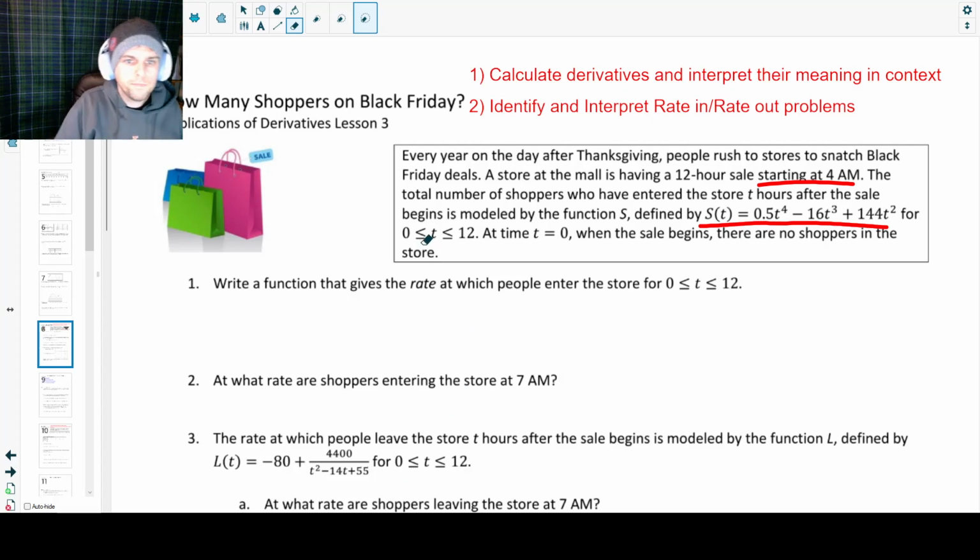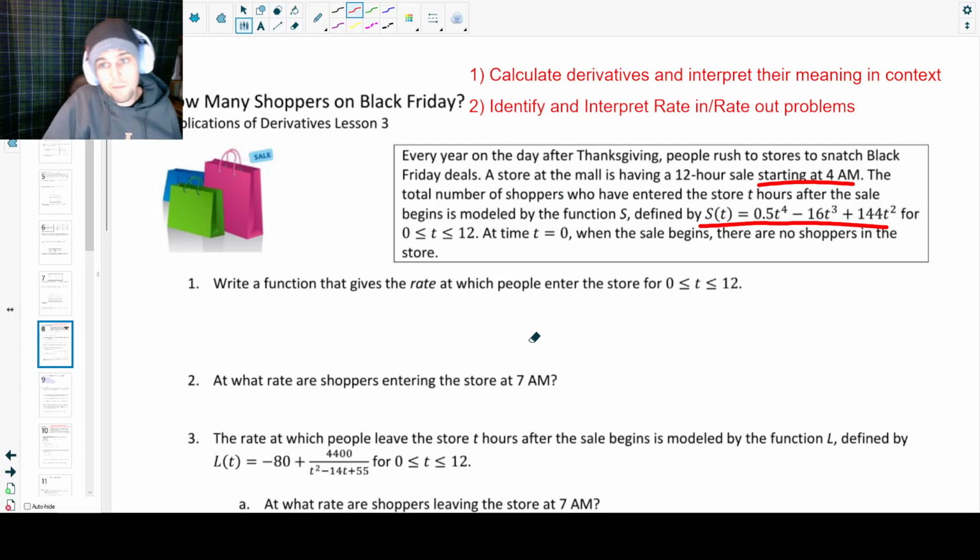All right, so our first scenario here, we have this written out description that we're going to take a look at. Every year on the day after Thanksgiving, people rush to stores to snatch Black Friday deals.